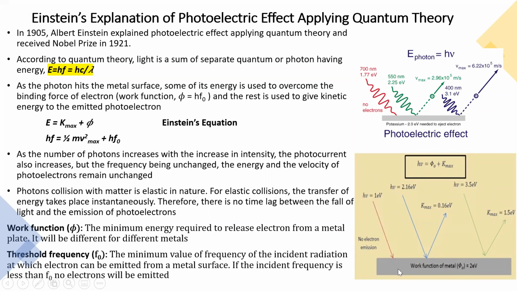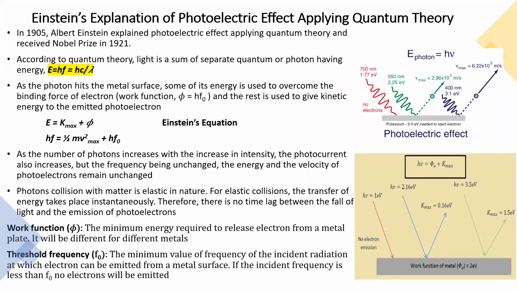So can it provide the electron enough energy to come out of the metal? No. So if the light has a minimum frequency, a particular frequency, for lesser frequency, no photoelectric emission occurs.